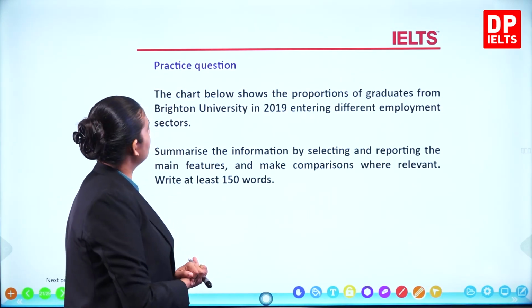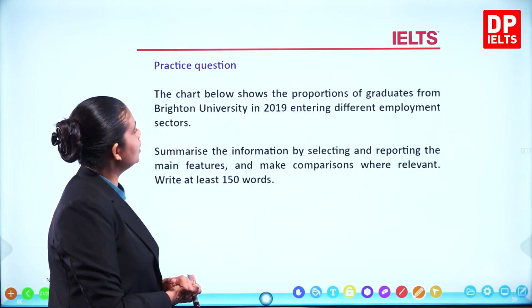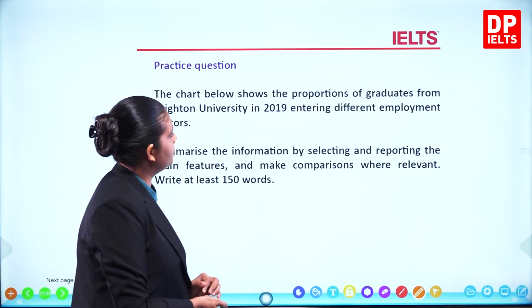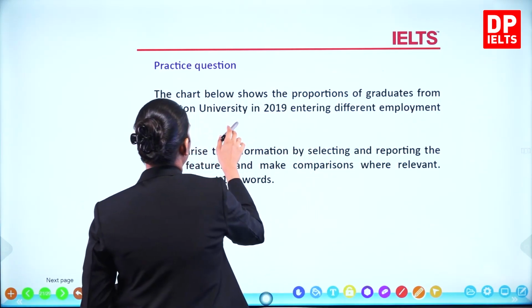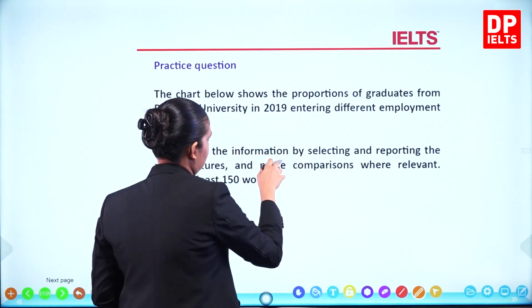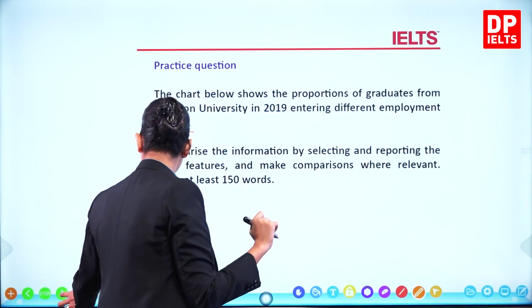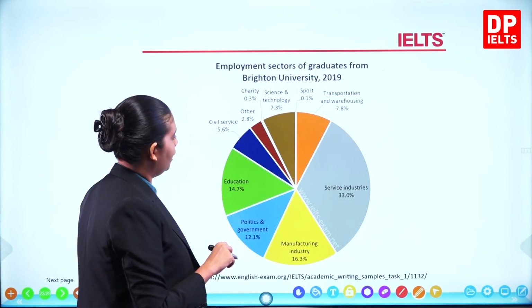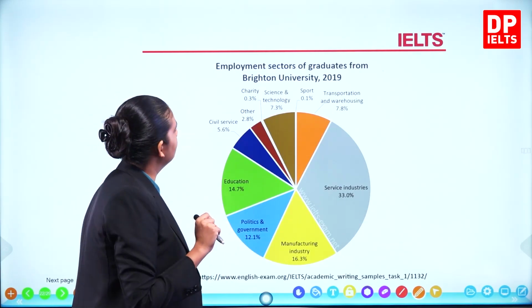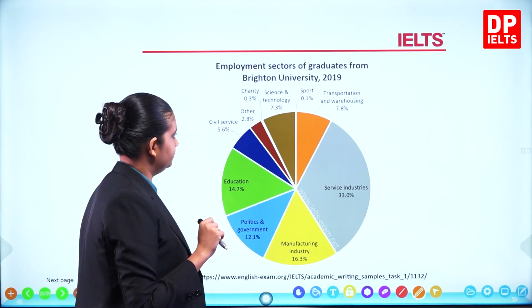Okay, so let us have a look at the next practice question. The chart below shows the proportions of graduates from Brighton University in 2019 entering different employment sectors. So here is a pie chart, just one, showing employment sectors of graduates from Brighton University.